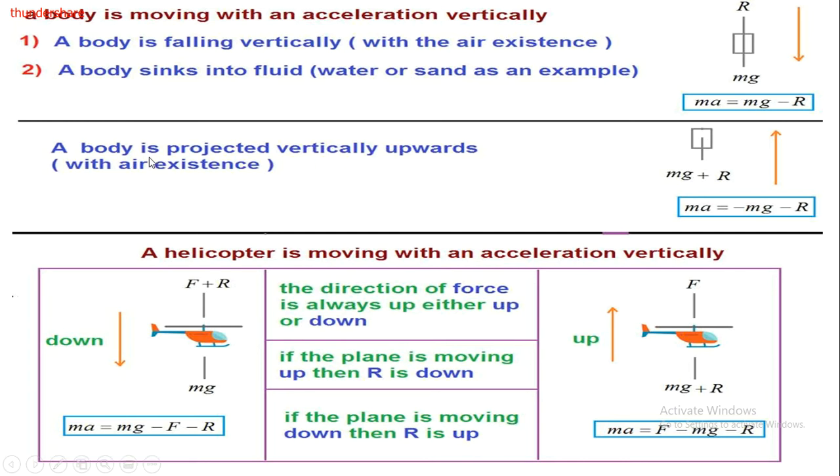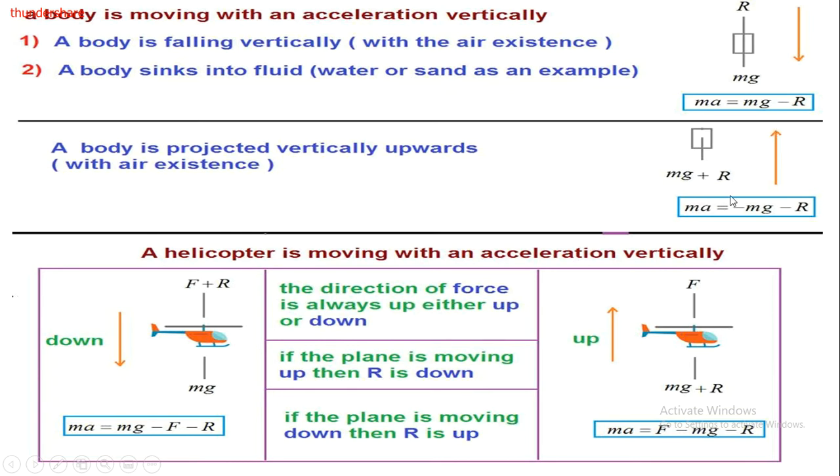How about a body projected vertically upward? Of course, there is no force trying to make the body move upward. Do you understand? It is the inertia. The body is projected upwards. There is no other force.